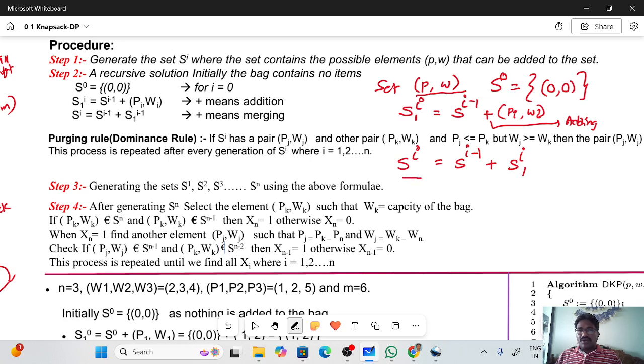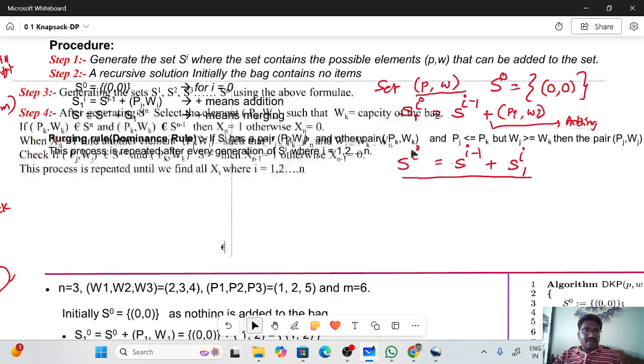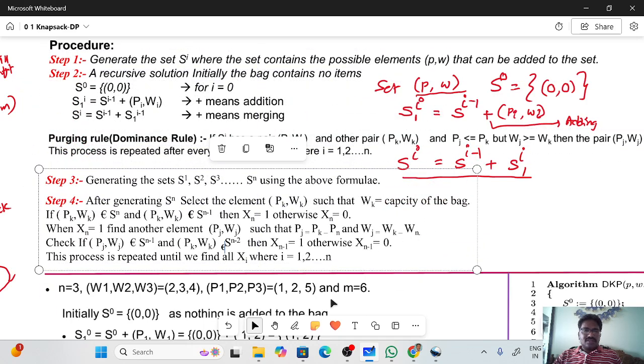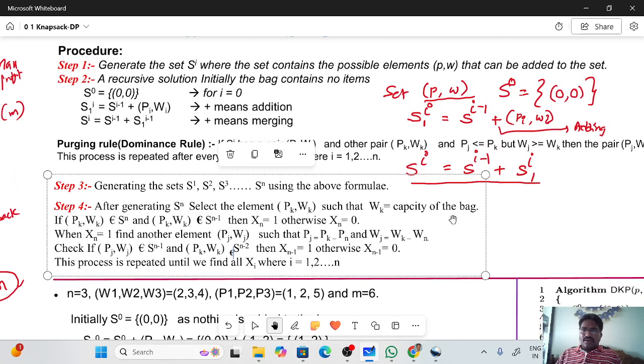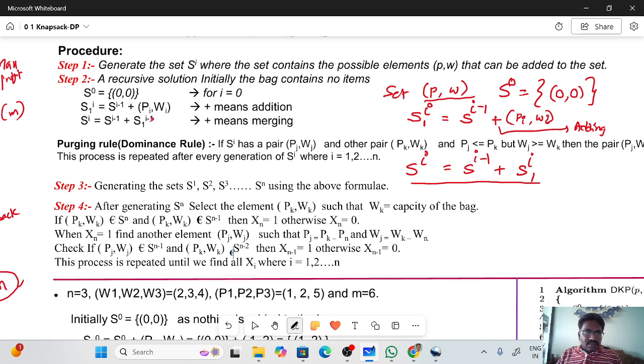So Si equals Si minus 1 plus Si1. In this way we find all the possible sets. Please note the typo: Si equals Si minus 1 plus Si suffix 1.